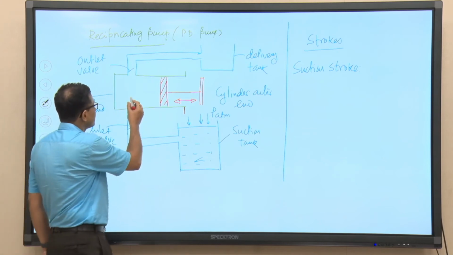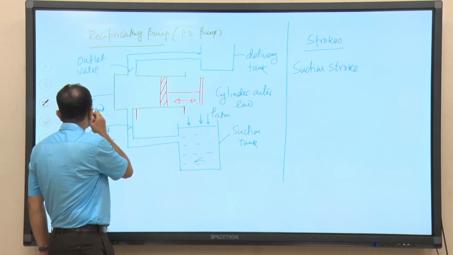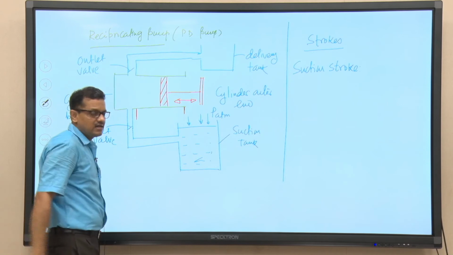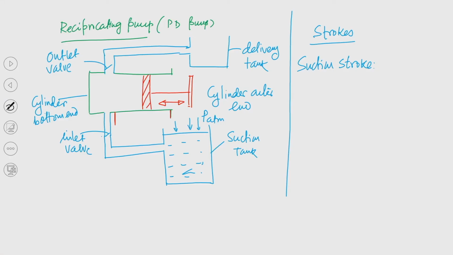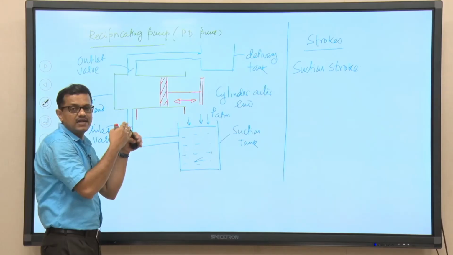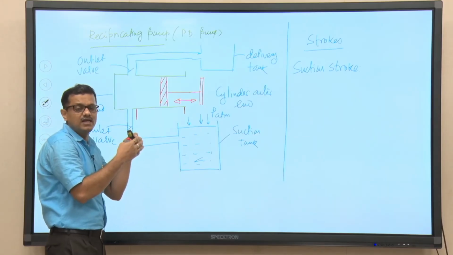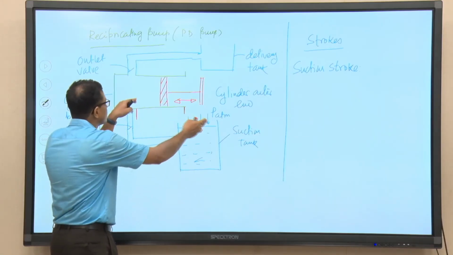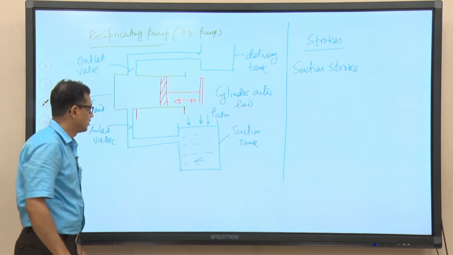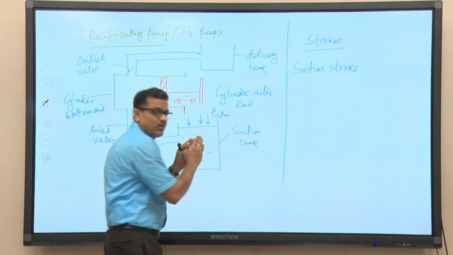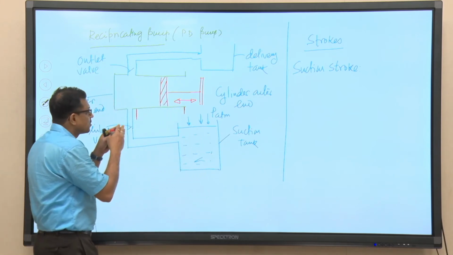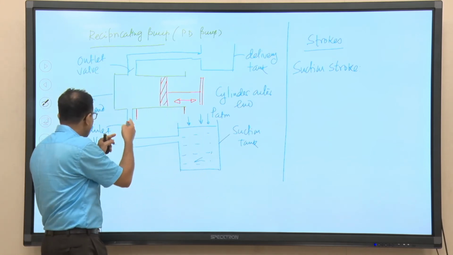So, when the piston is moving from the cylinder bottom end to the cylinder outer end, the inlet valve will open by virtue of the pressure difference. The inlet valve will open experiencing a driving force due to the pressure difference between the atmospheric pressure and the pressure inside the cylinder. Okay. So, some amount of liquid will be sucked or drawn into the cylinder by opening the inlet valve.